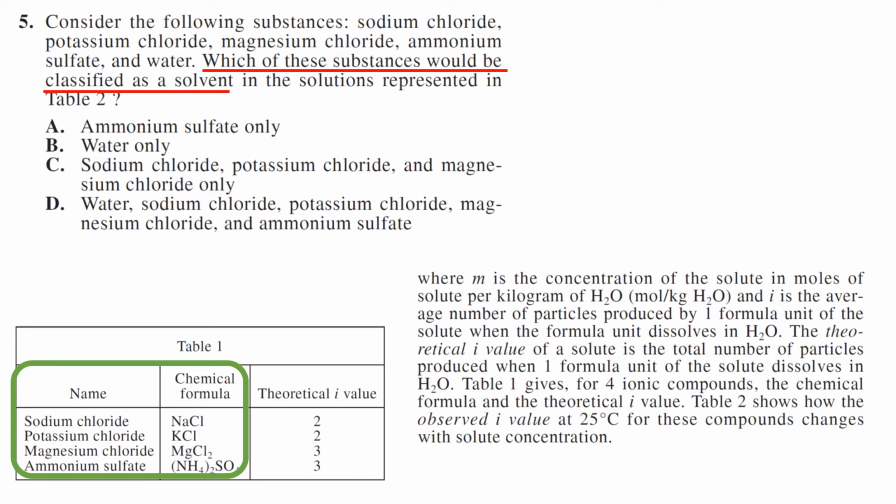You may just know this answer because of your chemistry knowledge. If you don't, it's going to tell you in the reading: the theoretical value of a solute is the total number of particles produced when one formula of the solute dissolves in H2O. So H2O is the solvent. So your answer is B.